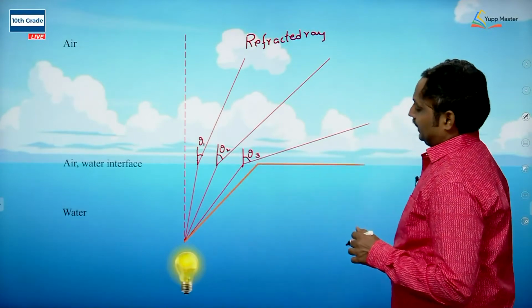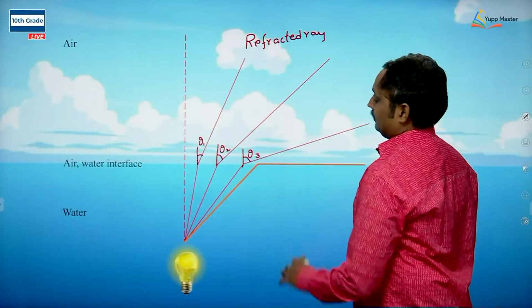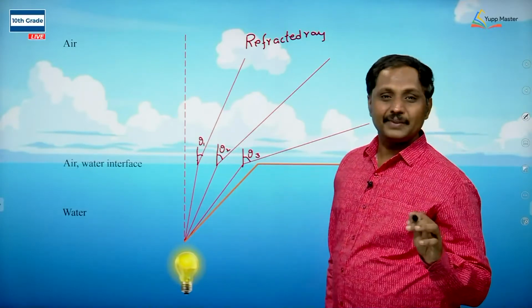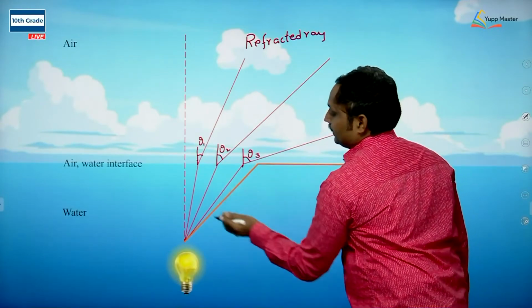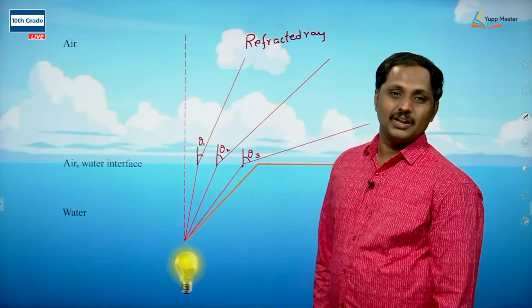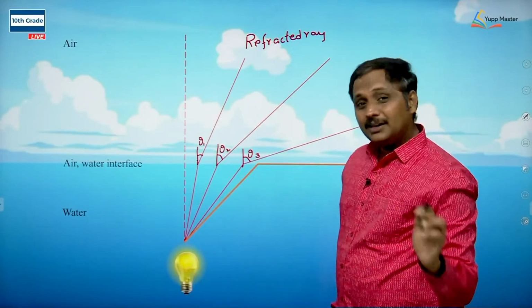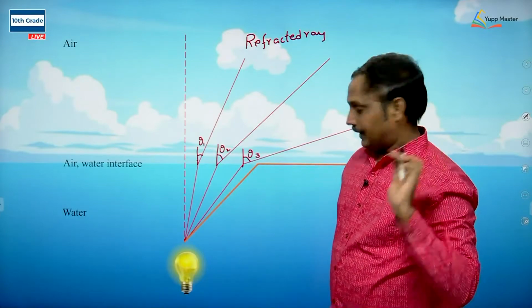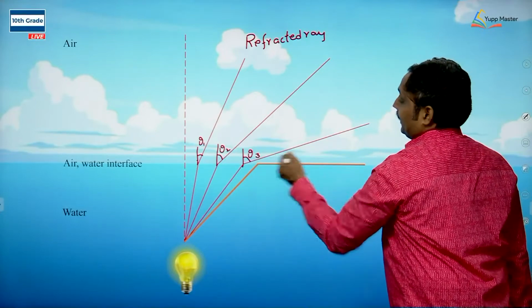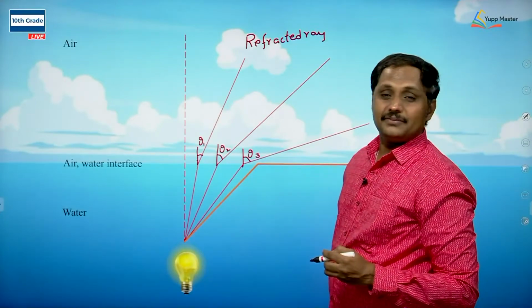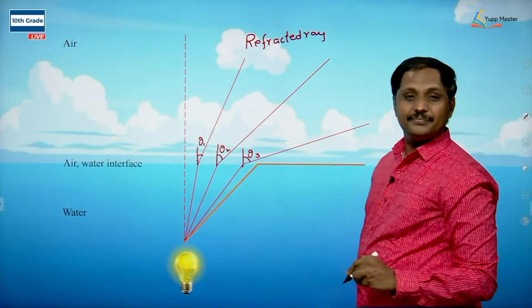But I am going to take a special case. You have to look into this matter: I am going to increase the angle of incidence gradually. What happened? It is going to be refracted, but at a particular angle the refracted light ray traces along the boundary.